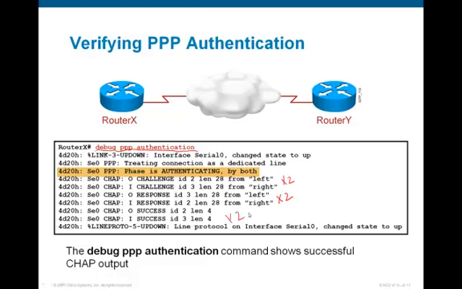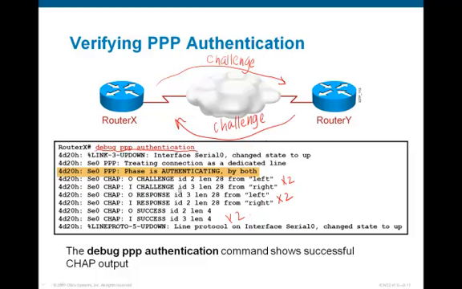The reason it being the case is because both router X and router Y are mutually authenticating each other. So router X is challenging router Y, and router Y is challenging router X at the same time. So imagine there's two authentication processes going on in the opposite direction.